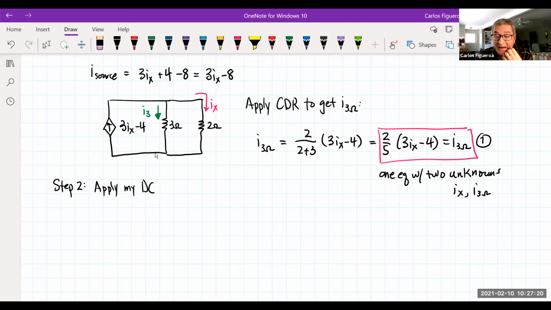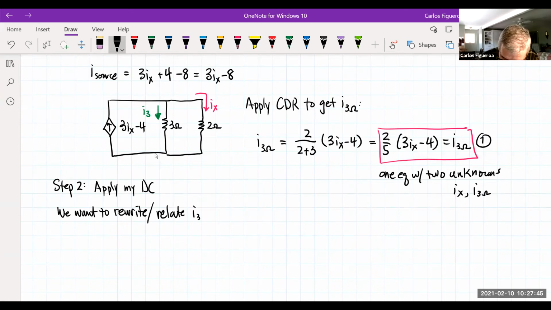So what do I got to do here? I got to rewrite Ix to the best of my ability in terms of I3. So in other words, we want to relate I3 ohms and Ix. Note that those are two currents right there.